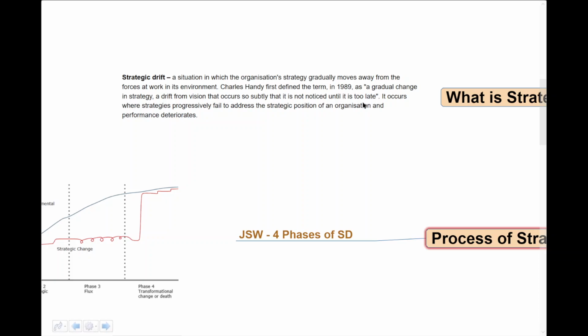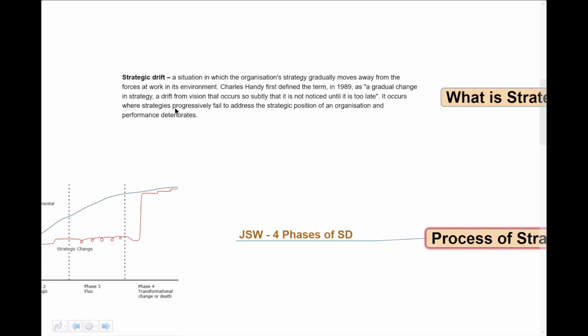It goes on to say, it occurs where strategy progressively fails to address the strategic position of an organization and performance deteriorates. In essence, because the environment tends to change, we take our eye off the ball on what we originally had as a vision or indeed a set of corporate objectives, and we really start to go in the wrong direction.